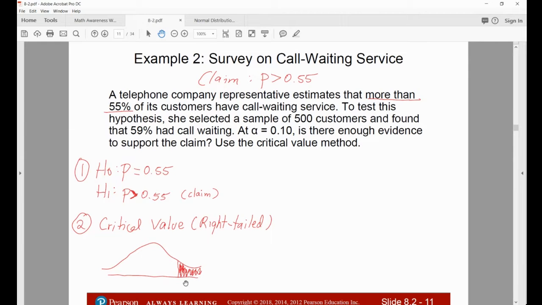So this number will be positive. It's to the right of 0, the center is 0. So what's the value of alpha that we're going to use in table F? 0.10.